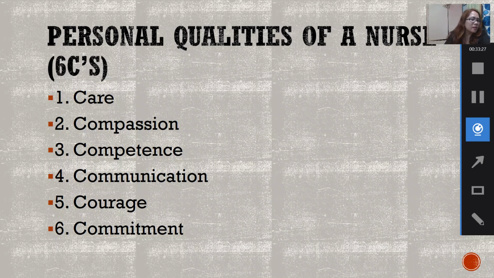And the next C is commitment. Okay? So, commitment. You have to be committed to your profession. You have to be committed to your kung ano yung dapat mong gawin or responsibility. You need to take action to make this vision and strategy a reality for all and meet the health, care, and support challenges ahead.